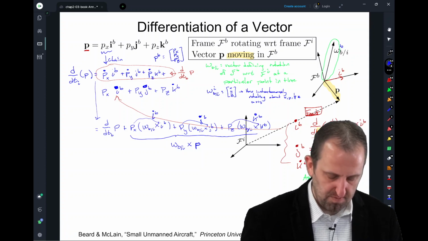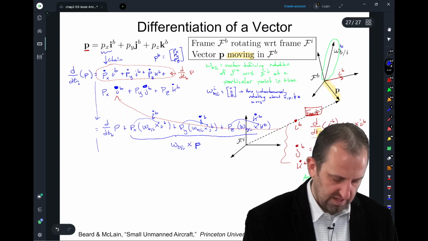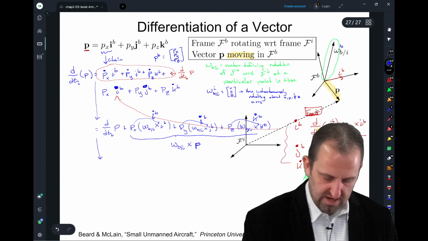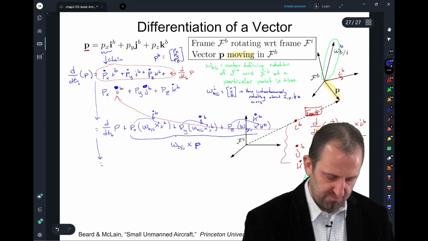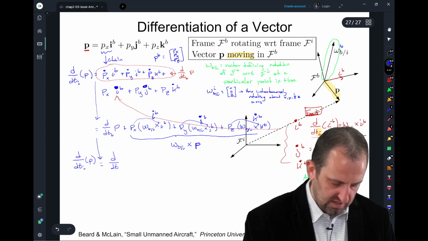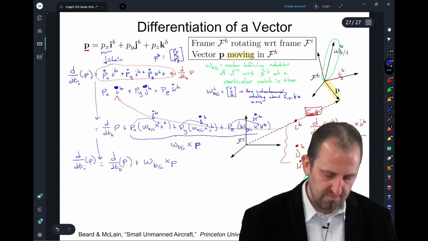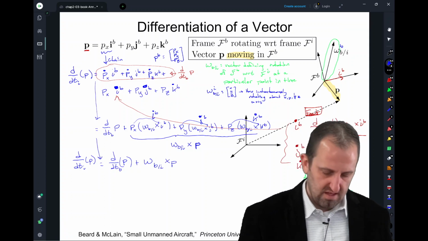So that's just WB/I cross P. So now, if we look at the final value of this derivative, we'll write it again: d/dt in the inertial frame of P is just going to be equal to d/dt in the body frame of P, plus WB/I cross P. So that's where we have it.